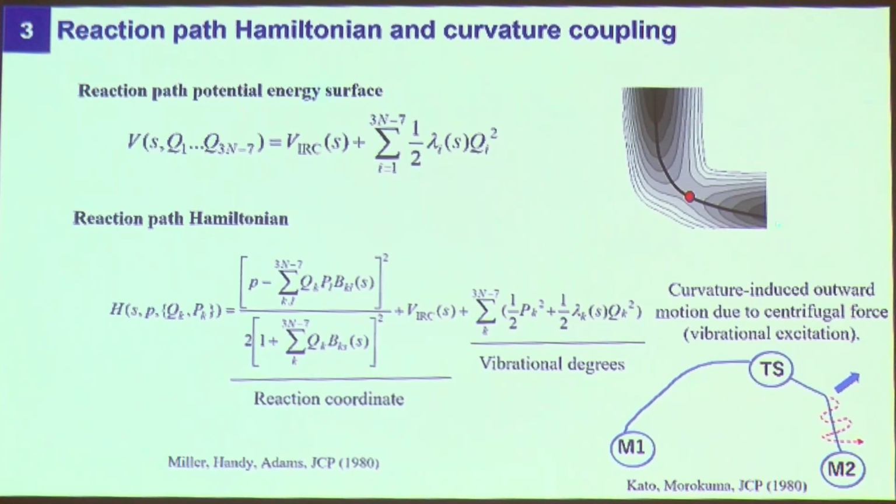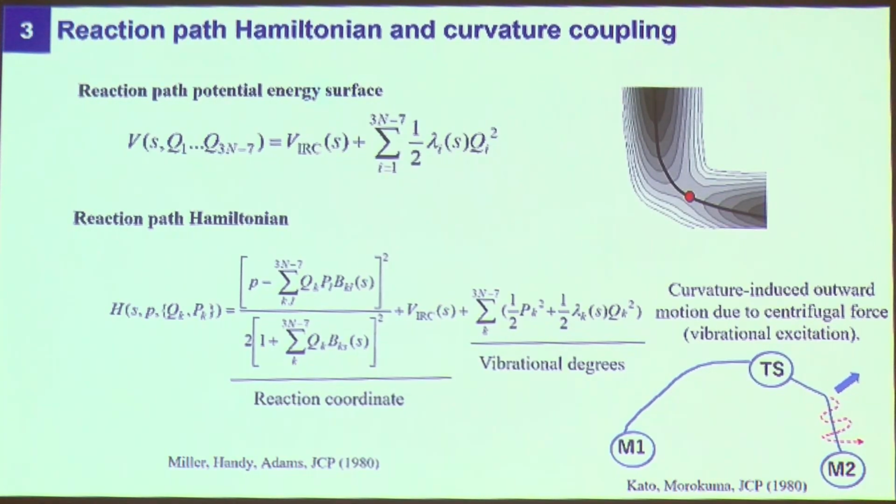Along the reaction pathway, one can calculate the potential curvature. Then by applying harmonic approximation, we can get full dimensional surface. Then it is easy to extend it to reaction path Hamiltonian. This was done by Miller, Handy, and Adams.